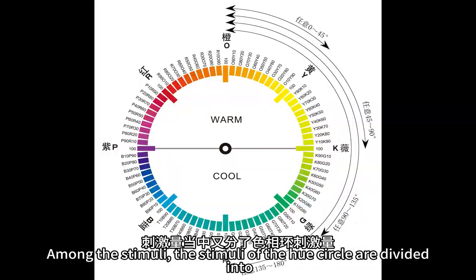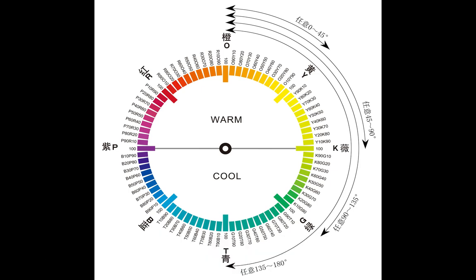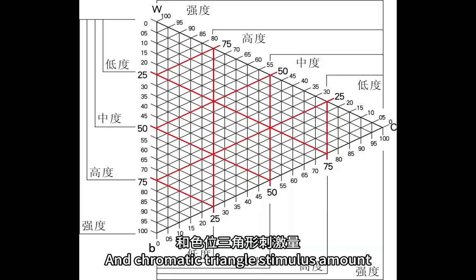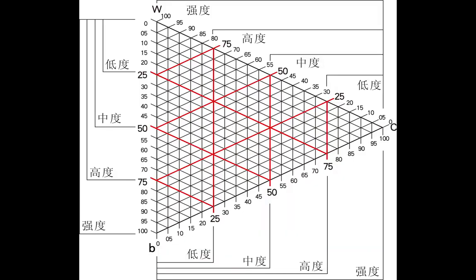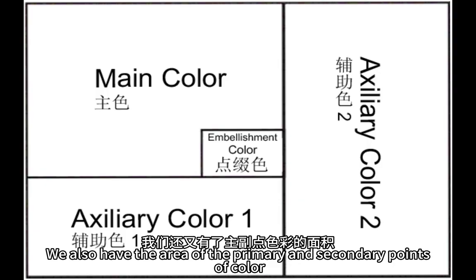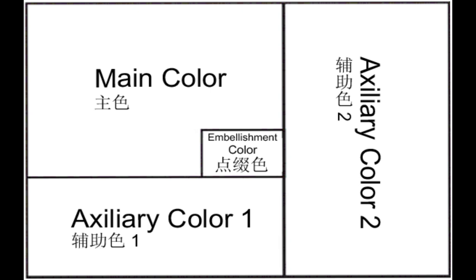Among the stimuli, the hue circle and the chromatic triangle have their stimulus amounts. We also have the area of the primary and secondary points of color.